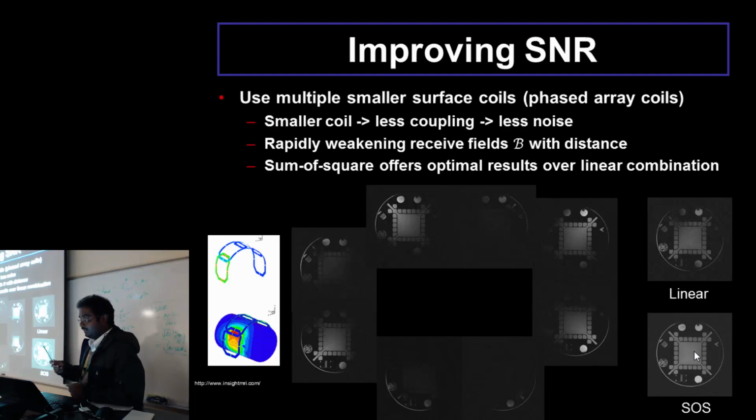The noise contribution is different between a linear combination and a sum of squares combination, and when you work it out, you'll see that the signal to noise ratio works out optimal when you do the sum of squares combination. That's just for the magnitude part.